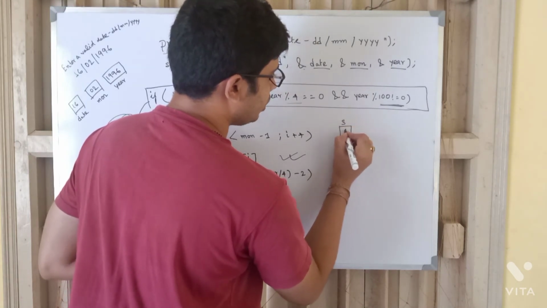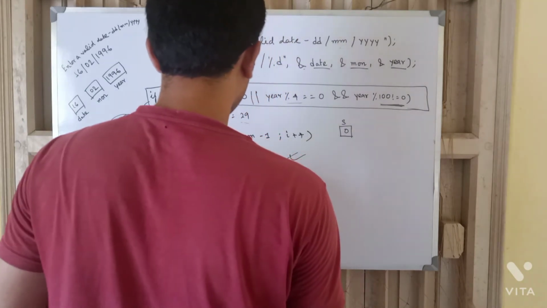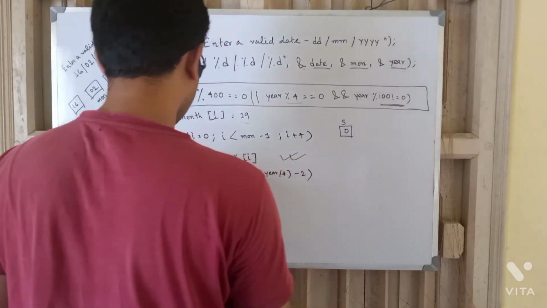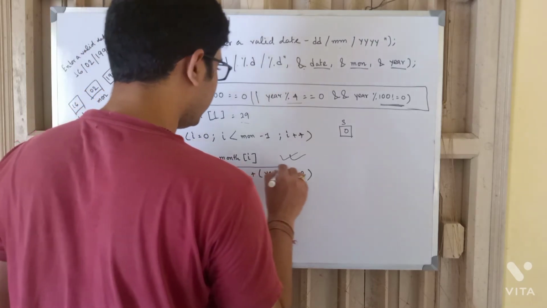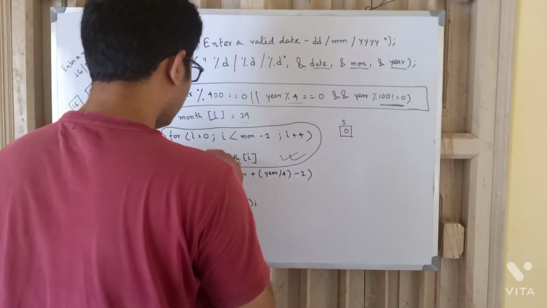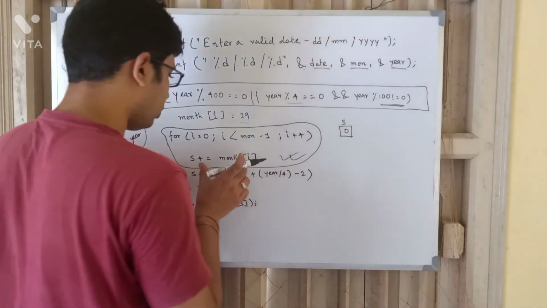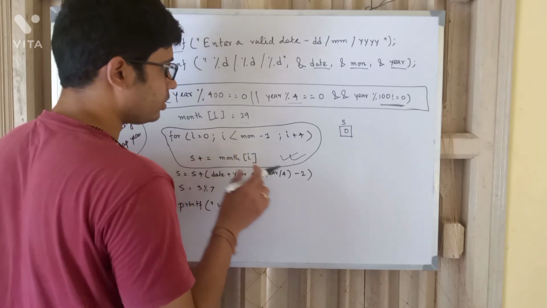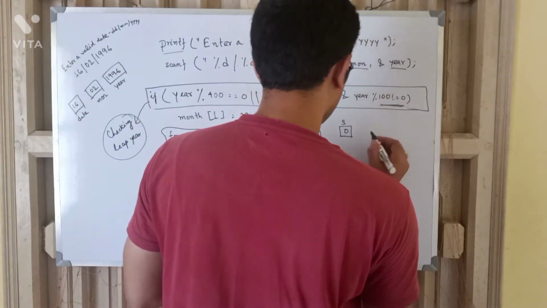S is 0, and for the first time the loop will be executed like this. The loop will execute only this line, because there is no curly braces, so only one line will be executed: S equals S plus month of I.